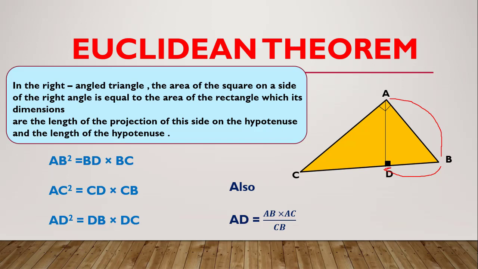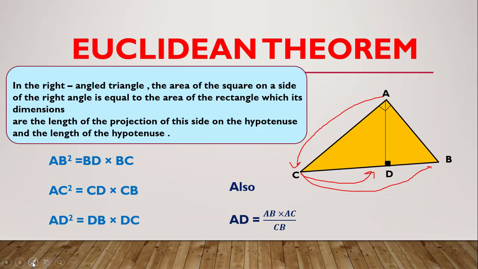So AB power 2 equals BD multiplied by the hypotenuse, which is BC. This is the first right angle side. The second right angle side is AC. Okay, AC power 2 equals what? Equals the projection of AC on the hypotenuse, which is CD, multiplied by the hypotenuse, which is CB.